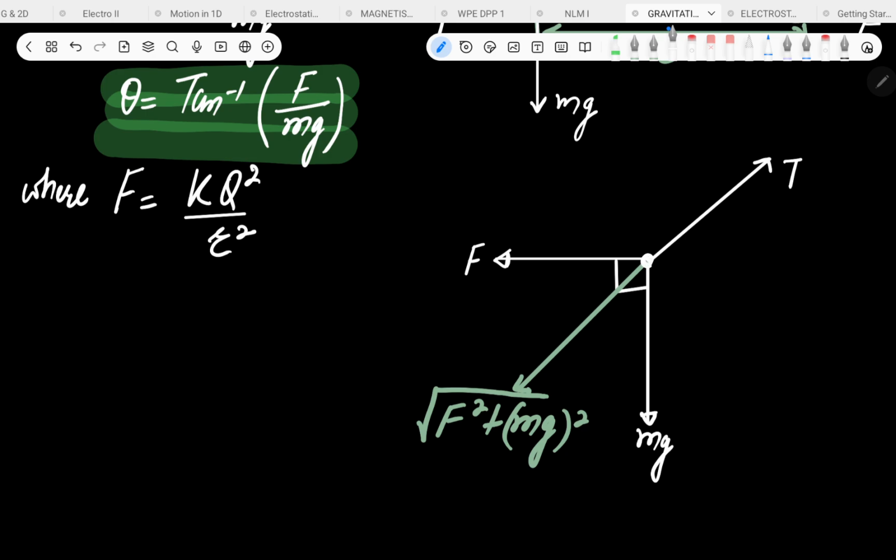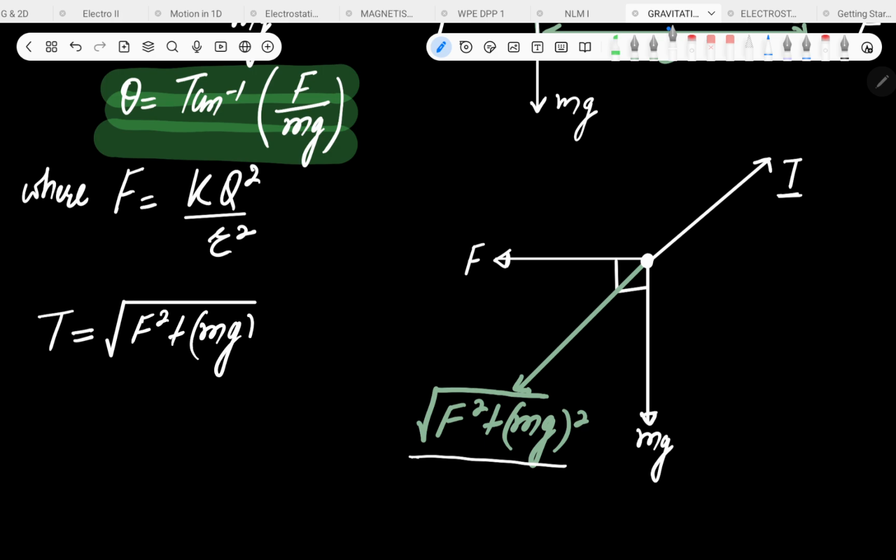Since this particle is in equilibrium, the net force is equal to 0. That means this tension T should be equal to the square root of F square plus mg whole square.